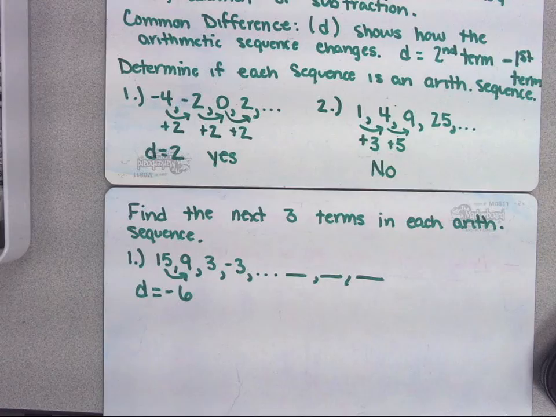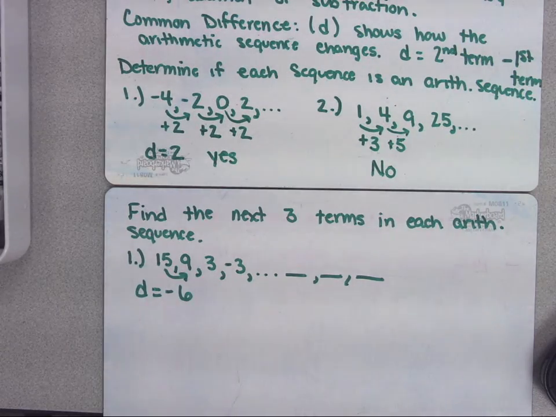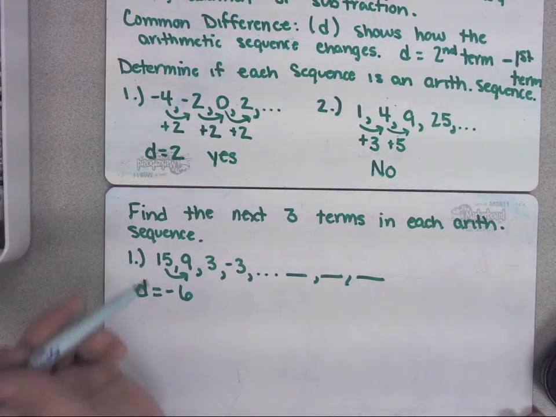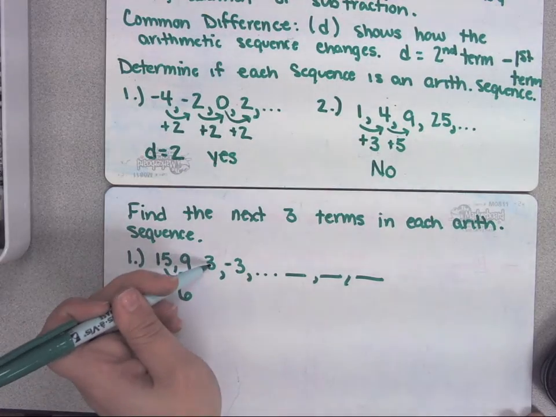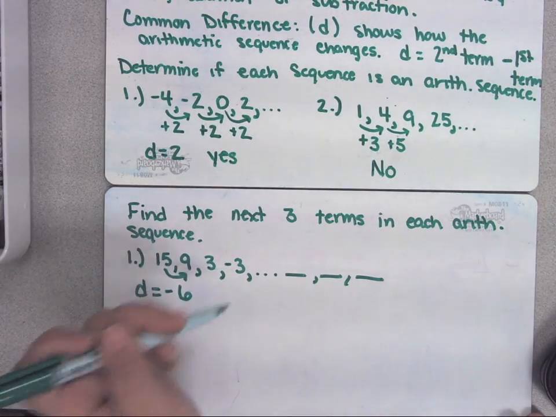Can you see that with your eyes? If not, how do you find that out? If you can't see that right away, what math do we do again to figure out what D is? Yep, 9 minus 15. Always take the second number minus the first number. So now that we know what D is, right? So every single one of these, it's minus 6, every time we go from one to another.